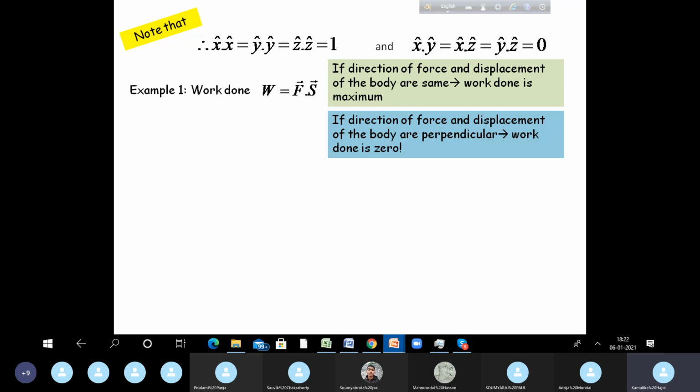And from here you get the concept of no-work forces. So no matter how much force you apply on a body, if the body moves in a direction perpendicular to the direction of action of the force, then no work is done, and that comes from the definition of dot product. Correct?